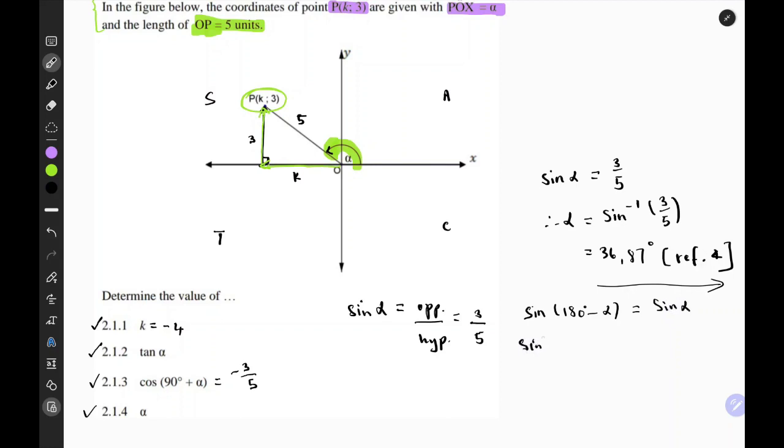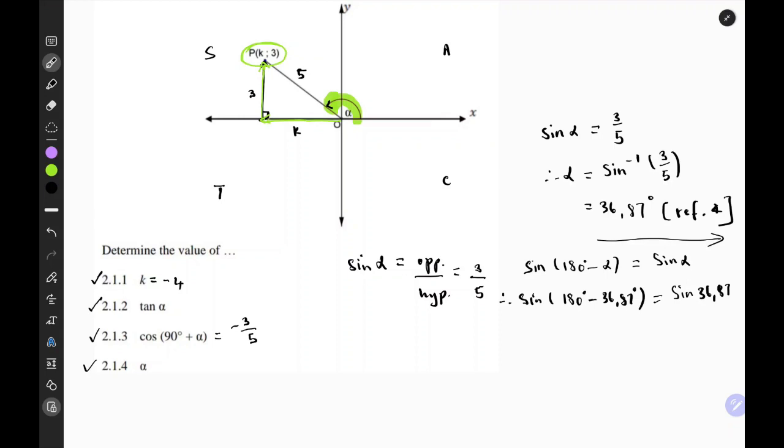So therefore sine of 180 minus 36.87, which is sine of 143.13 degrees, should be equal to sine of 36.87.